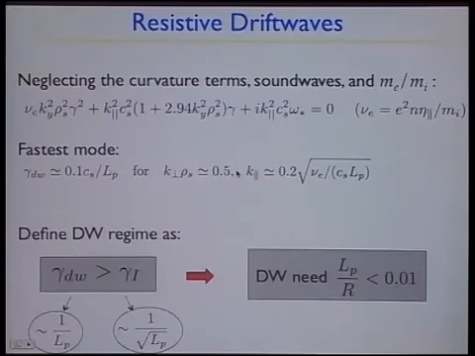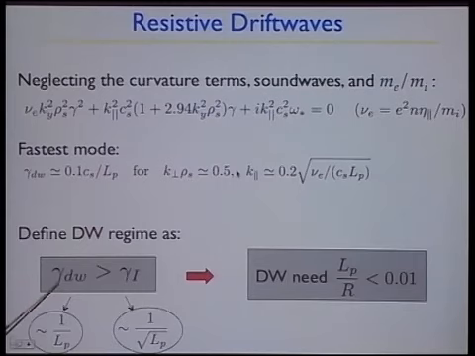the peak growth rate. Now we can define the drift wave regime as the regime where the linear growth rate of the drift waves is much bigger than the ideal growth rate. Now this occurs, well, as we've seen, the growth rate of drift waves is inversely proportional to the pressure gradient, while the growth rate of the ideal interchange mode is related to the square root of LP.